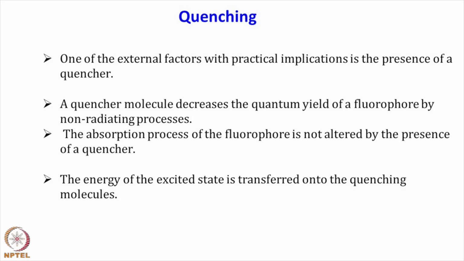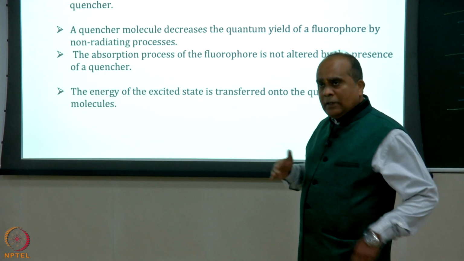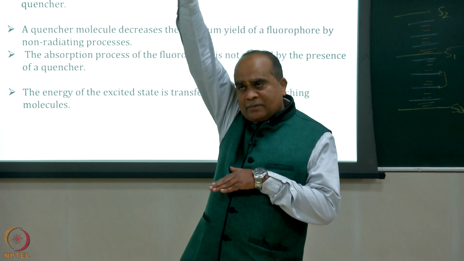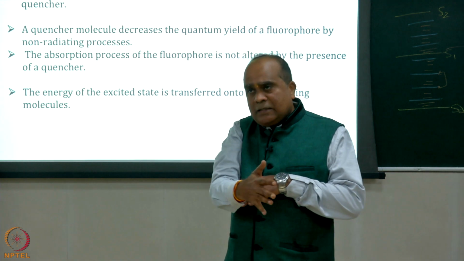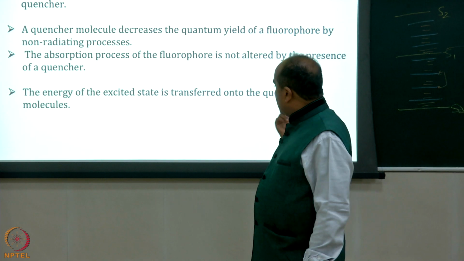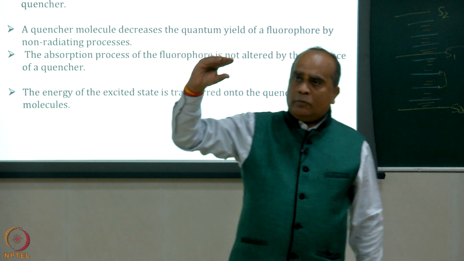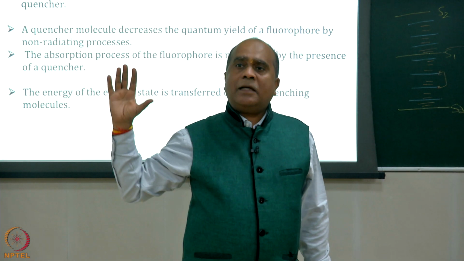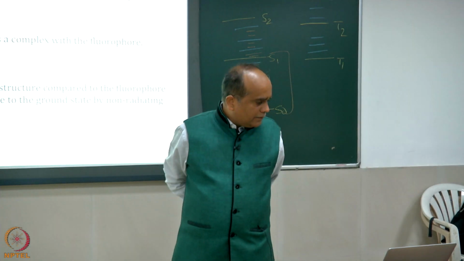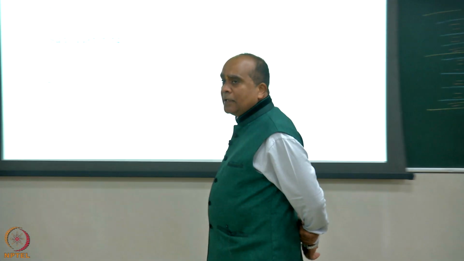Absorption of the fluorophore is not altered, it just goes to the excited state, but while coming back the quencher takes the energy, right. So, the energy of the excited state is transferred to the quencher molecule, and therefore the radiation can decrease. This is an extremely important phenomenon, but there are different kinds of quenching.